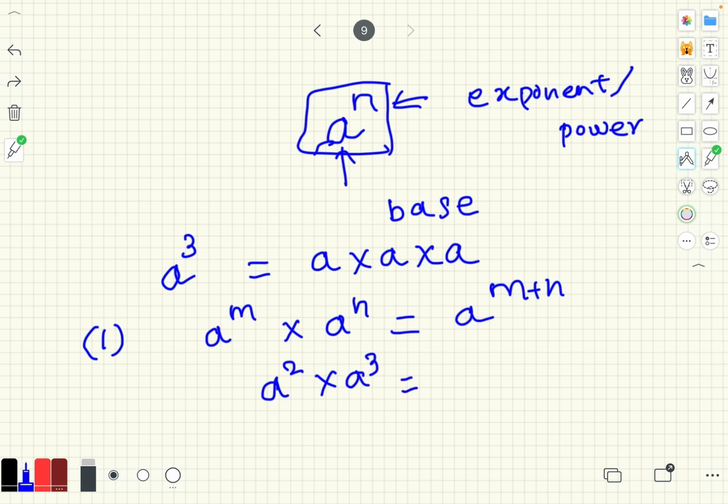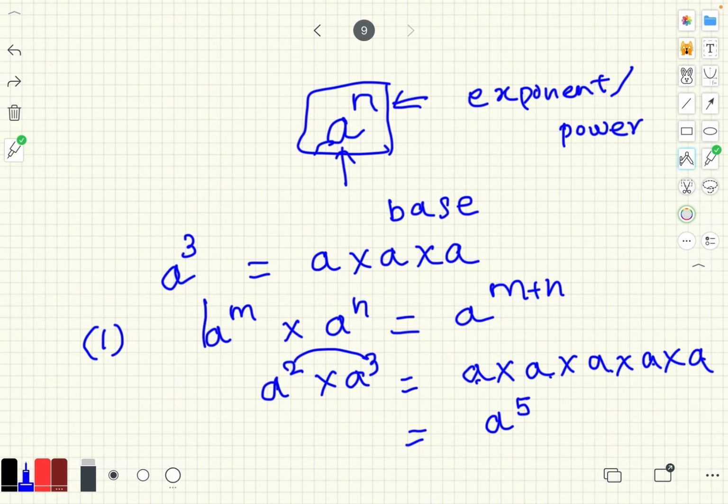Let's expand it. a^2 means a times a. a^3 means a times a times a. So how many a's do we have in total? We have 1, 2, 3, 4, 5. Instead of writing everything, we just write a^5. We are simply adding the powers.